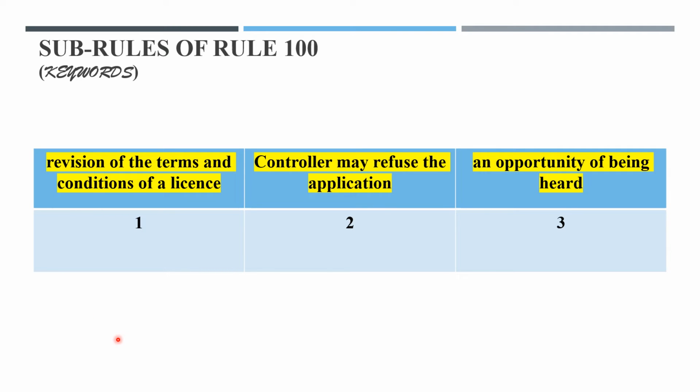The key phrase for subrule 2 is controller may refuse the application, and the key phrase for subrule 3 is an opportunity of being heard. Try to remember these key phrases, and with their help you can recall the subrules of rule number 100. Let us proceed for the detail.